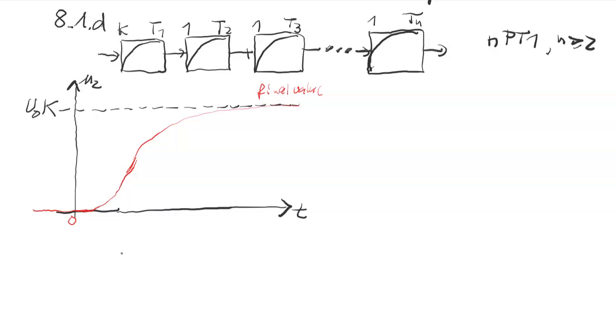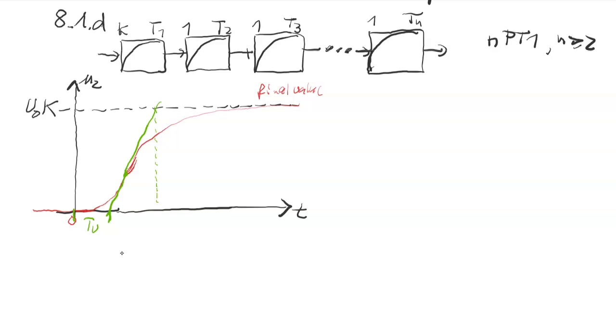And this works in this chapter with the inflection tangent. What is an inflection tangent? An inflection tangent is the tangent in the steepest point. Look here, this in my drawing is the steepest point. I now draw the tangent, manually. This tangent crosses the 0 axis at tu, so this time here is tu, and crosses the final value.